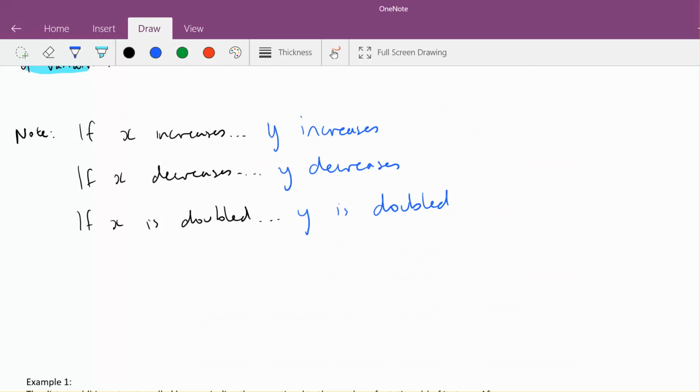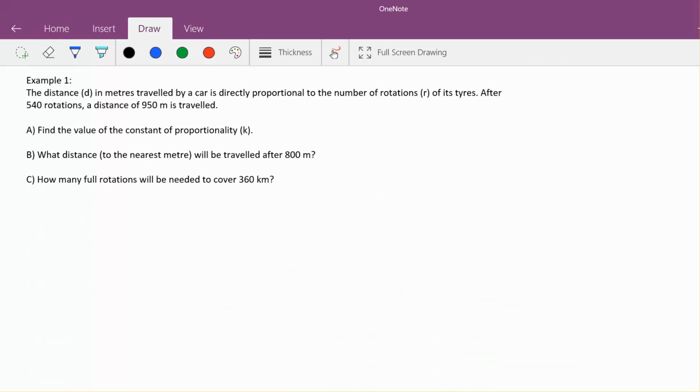Let's have a look at a type of example. Here it says, the distance d in meters traveled by a car is directly proportional, highlight that, to the number of rotations r of its tyres. Let's just think about that.